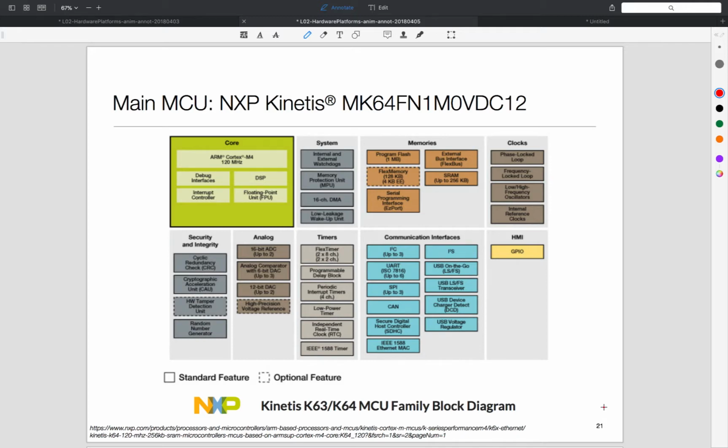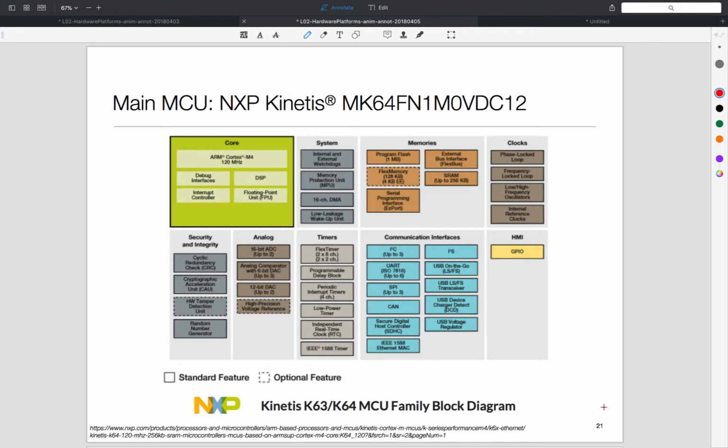So NXP is the company, Kinetis is the series, and this shows the features it has. The main core processor, the one in green out here, is something they just licensed from ARM. I guess the closest thing to a monopoly here is ARM, because they make the designs which everyone adopts, although now there is competition from the Berkeley RISC-V processor, which I mentioned last time.